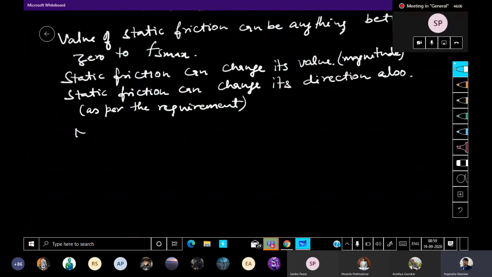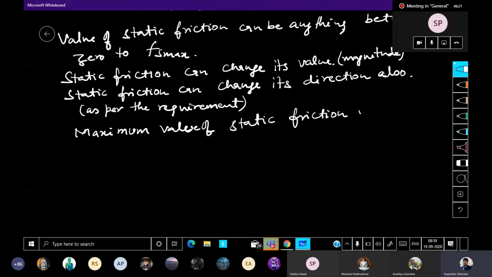Maximum value of static friction is called limiting friction, Fs max.